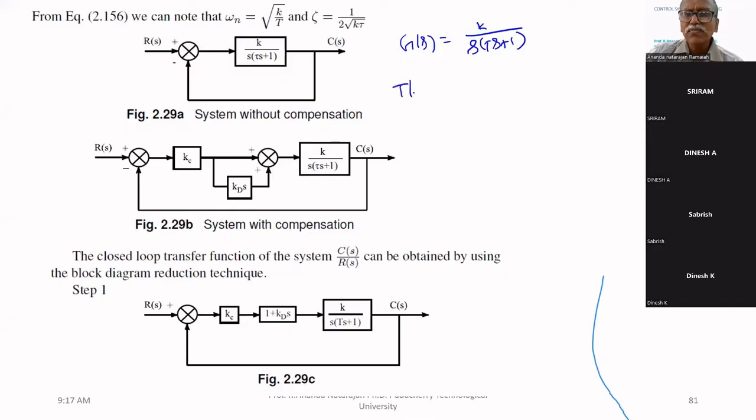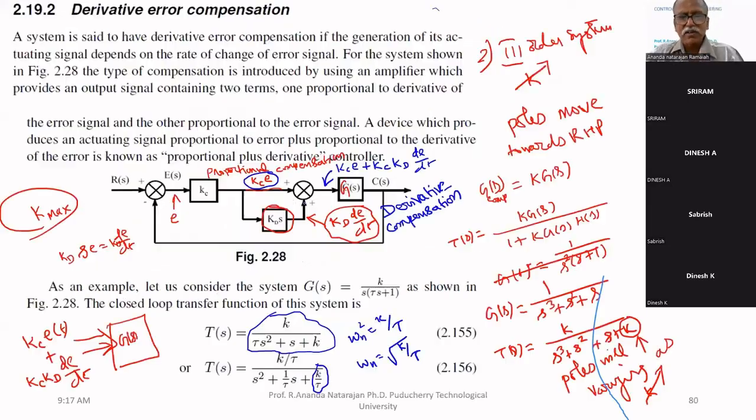What is the closed loop transfer function? T of s equal to, for a unity feedback system, numerator divided by numerator plus denominator, that is K upon tau s square plus s plus K. That's what we got here.